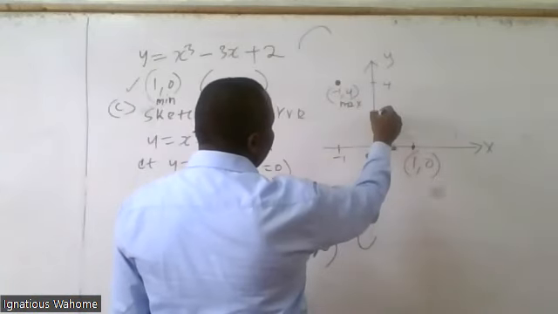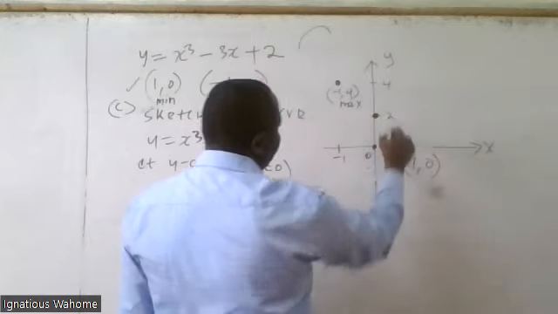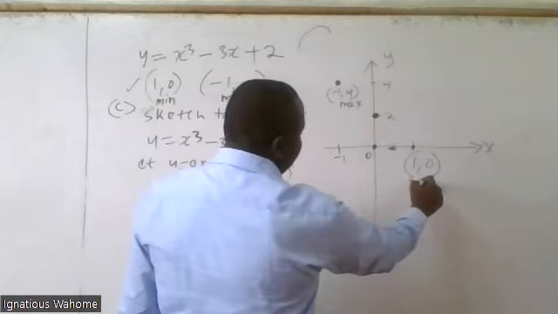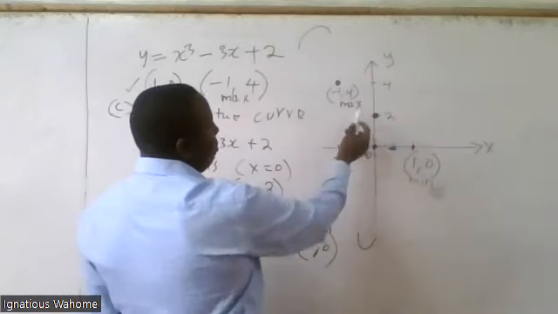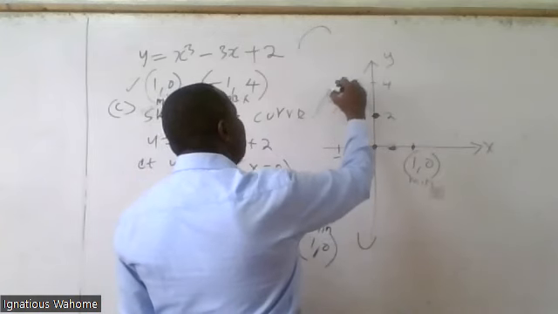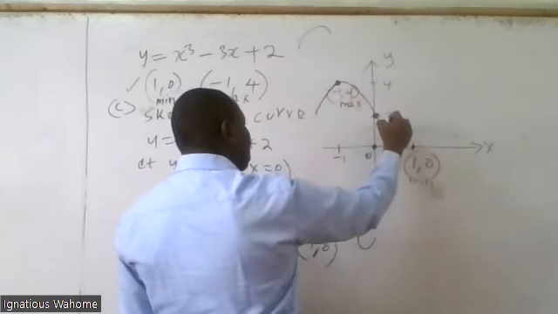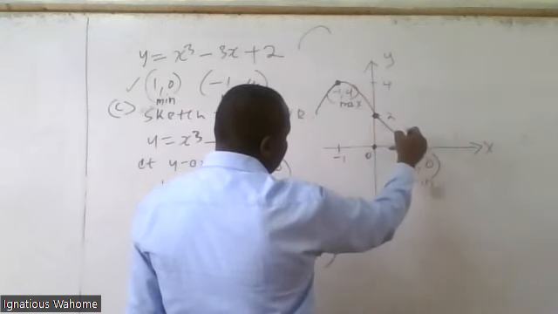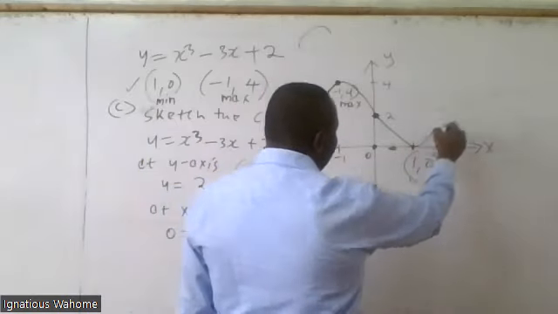So this graph passes through this point, this one and this one. This one is minimum, and this is maximum. Your graph will move like this, like that, and comes to (1, 0). At this point, because it is minimum, it will move like that.